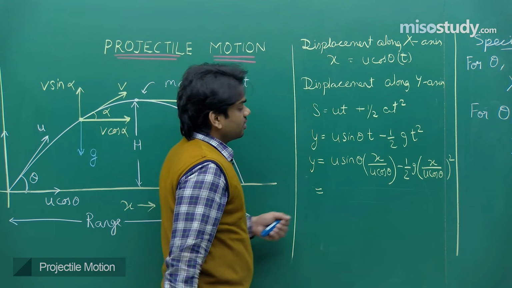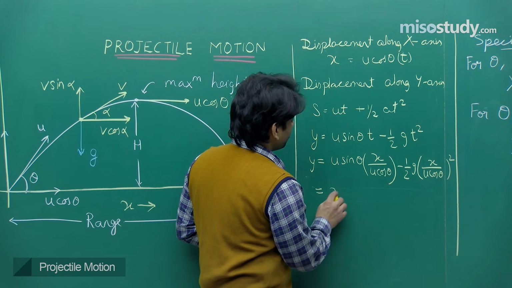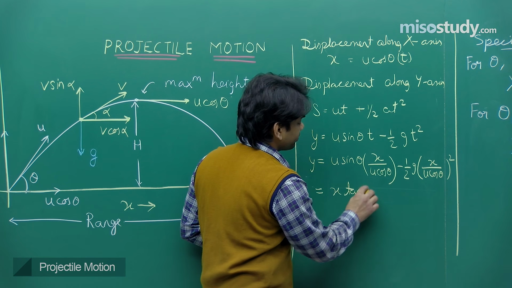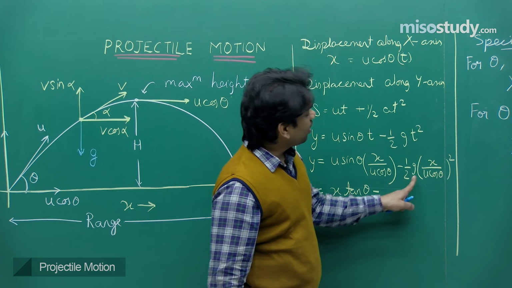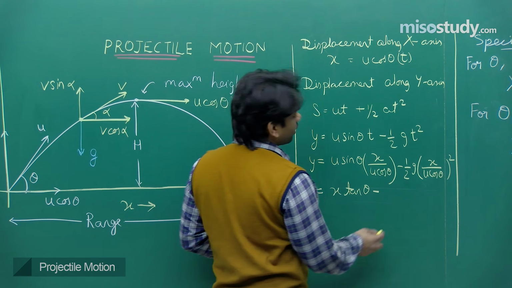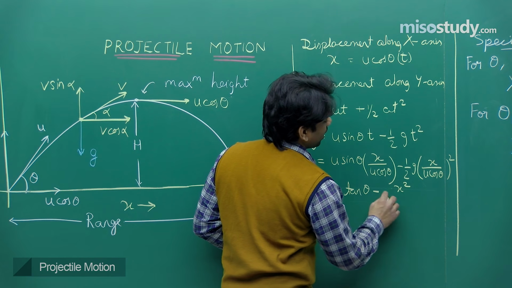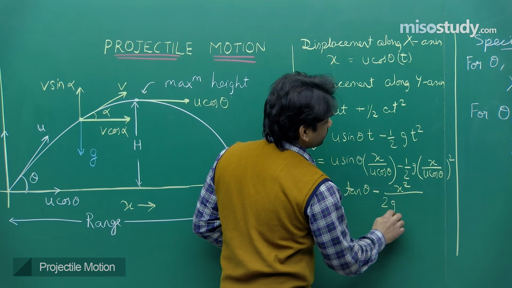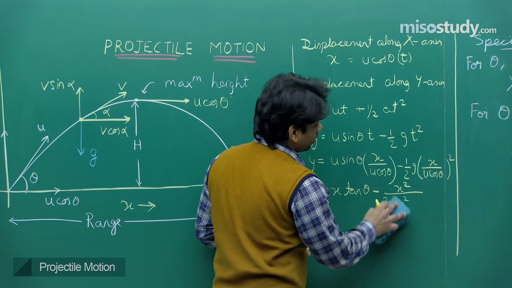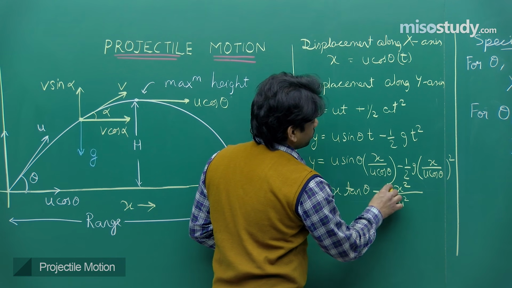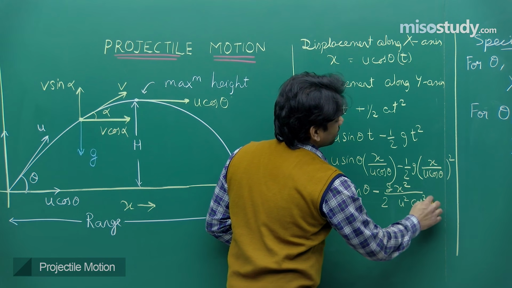Write the result. Your sin theta by cos theta will give you tan theta, u will be cancelled out, this will be x tan theta, minus half g x square by u square cos square theta. So g will be in the numerator, minus g x square upon 2 u square cos square theta.